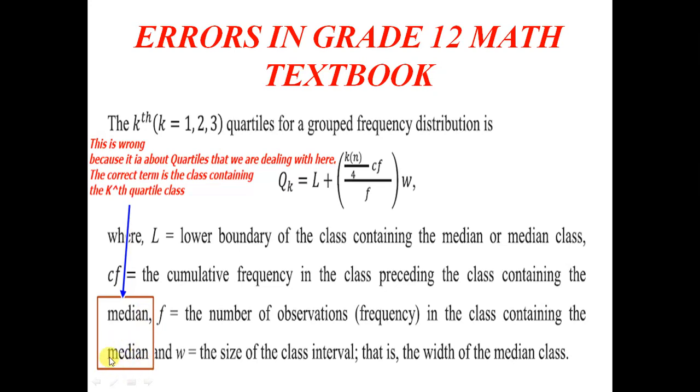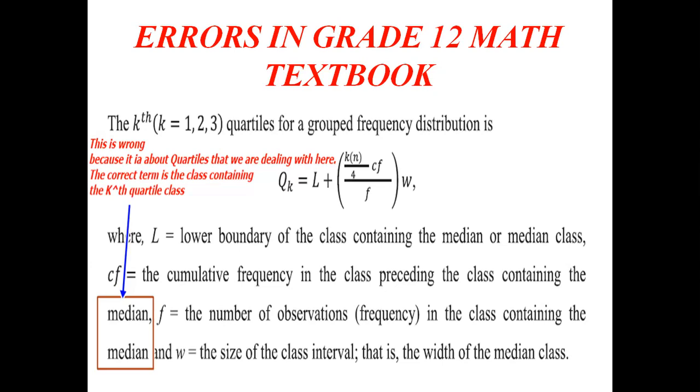And similarly here again, instead of median it should be the kth quartile class. That must replace these 2 words. And this is the error I found in chapter 3, page 166 of the mathematics student textbook.